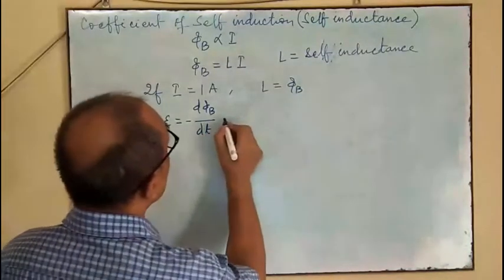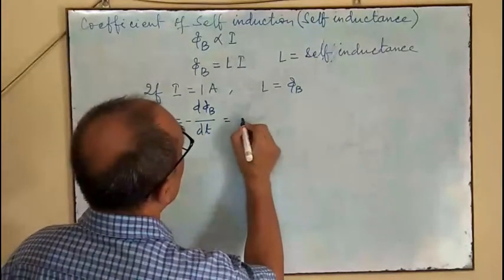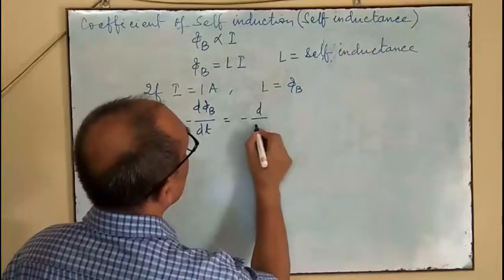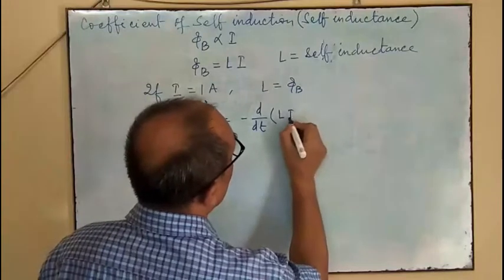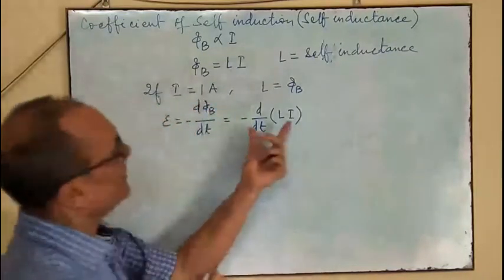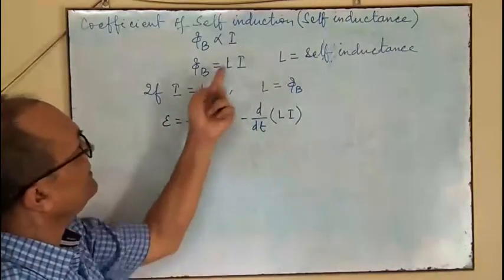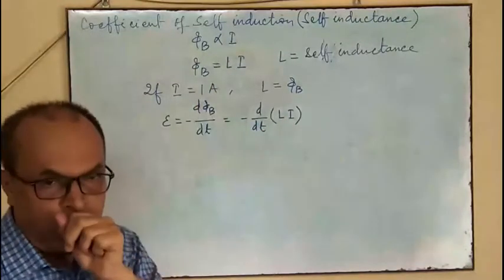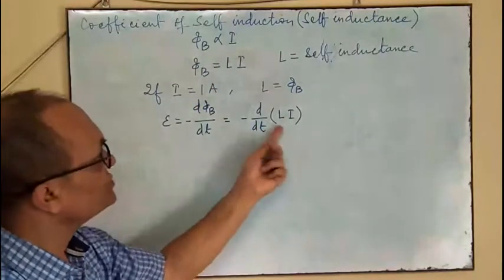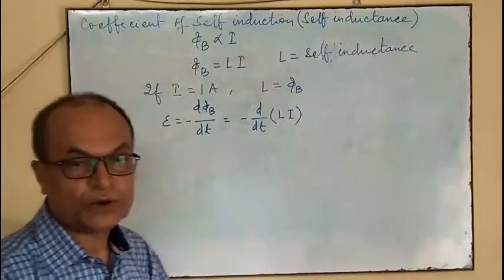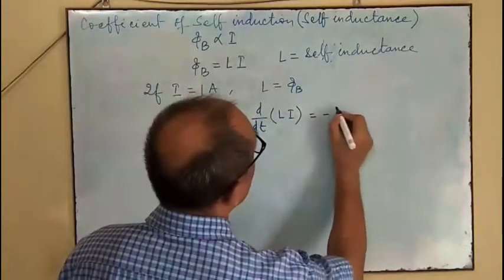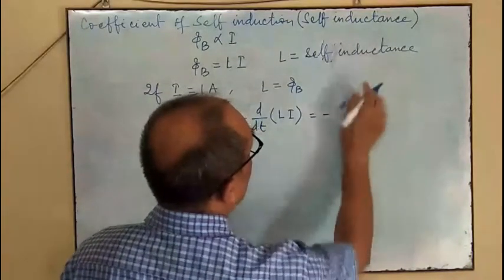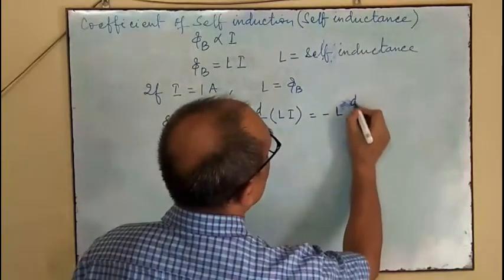So this can be written as minus d by dt of phi B, and phi B equals L I. So we can write this equals minus L dI by dt.